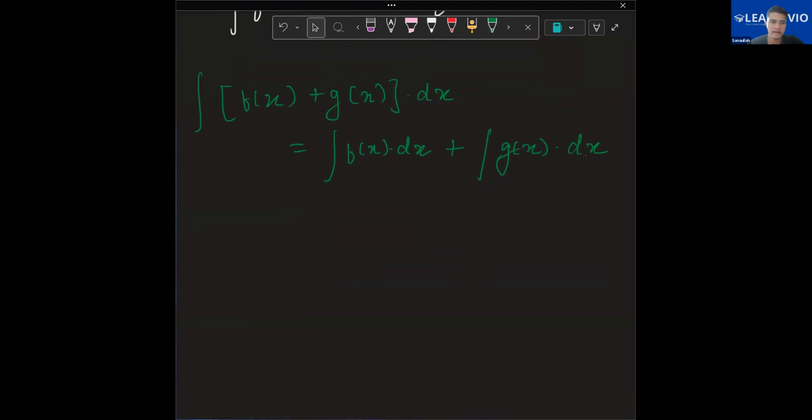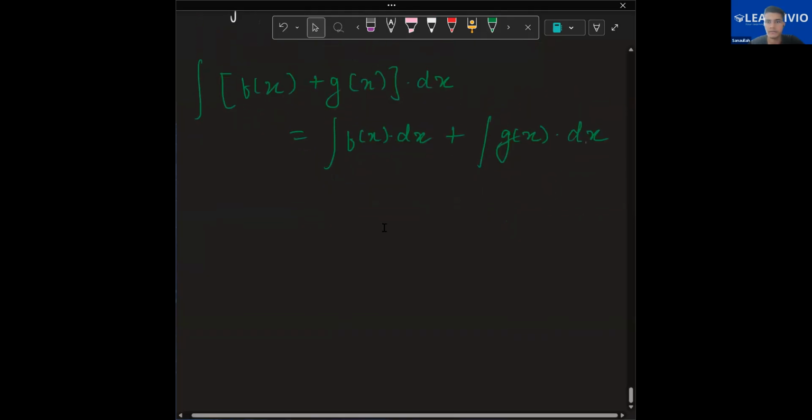And similarly with the minus sign, है ना, माइनस के साथ भी ऐसा कर सकते हो. And for the constant, you can put the constant outside the integral as well.